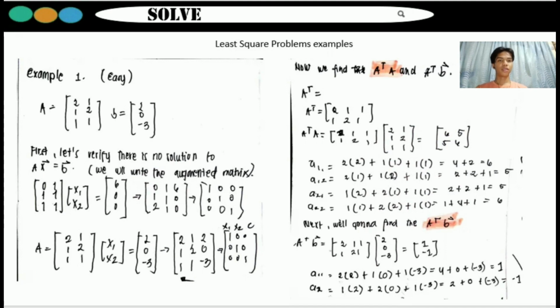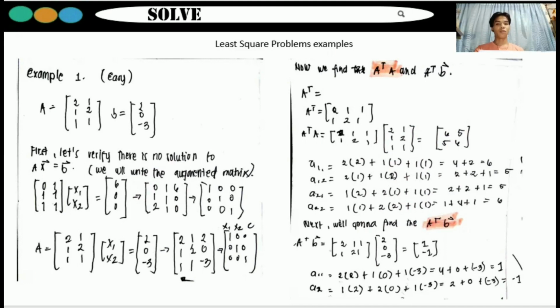So afterwards we will just simply multiply these given matrices, which is the A transpose multiplied to A. So it would be 2 times 2 plus 1 times 1 plus 1 times 1 equals 6. And 2 times 1 plus 1 times 2 plus 1 times 1, which equals 5.